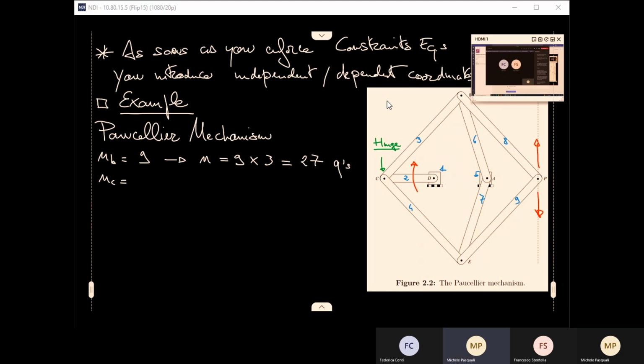Let's look at the same concept at point C. In point C, you still have a hinge, but you have 3 bodies hinged at the same point. So if you consider the equations with the bodies in pairs, so body 2 and body 3, body 4 and body 2, and then body 3 and body 4, for each pair of bodies you can write down a couple of scalar equations.